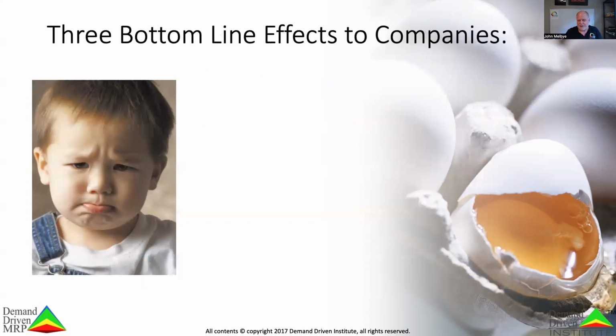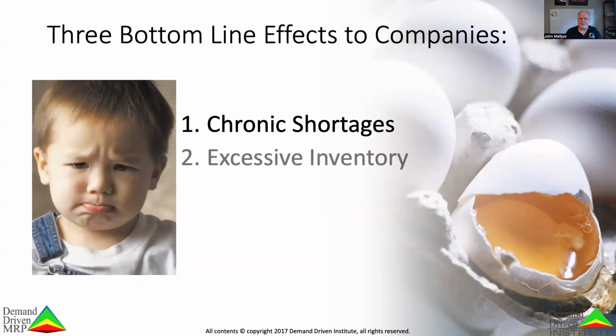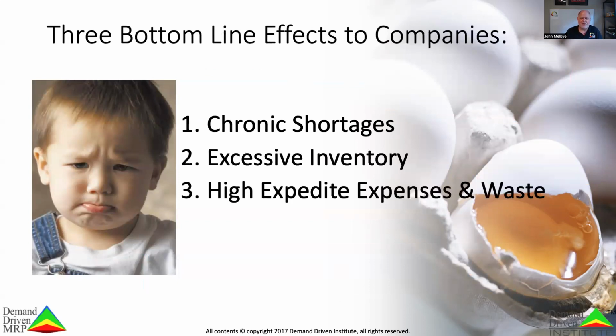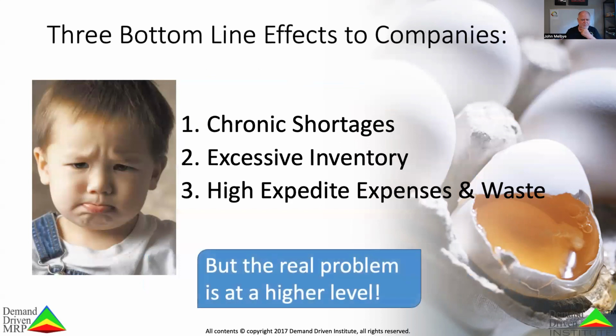The three bottom line effects are that we have chronic shortages. At the very same time, we have excessive inventory, and we have high expedite expenses and other wastes like overtime when we don't need it, causing us to run out of parts, which causes us to run more overtime, et cetera, et cetera.